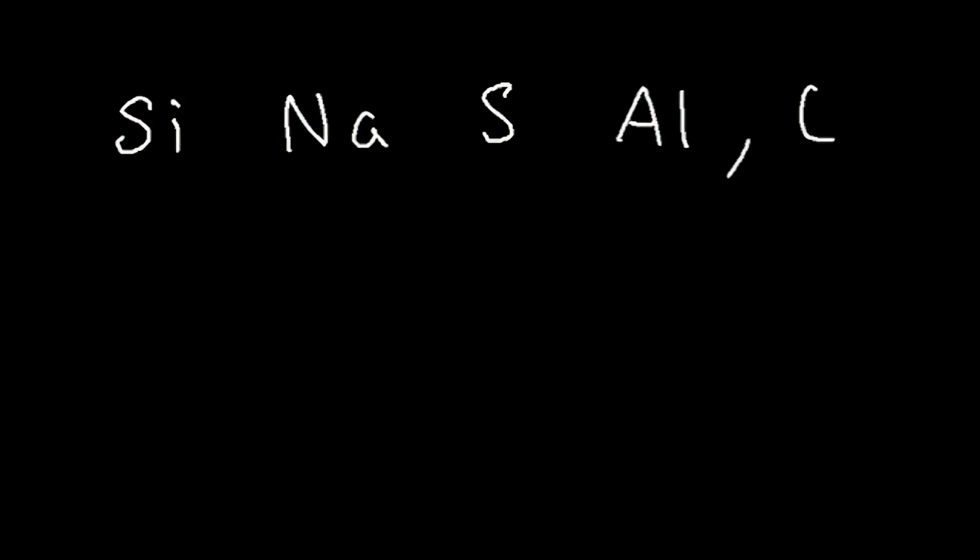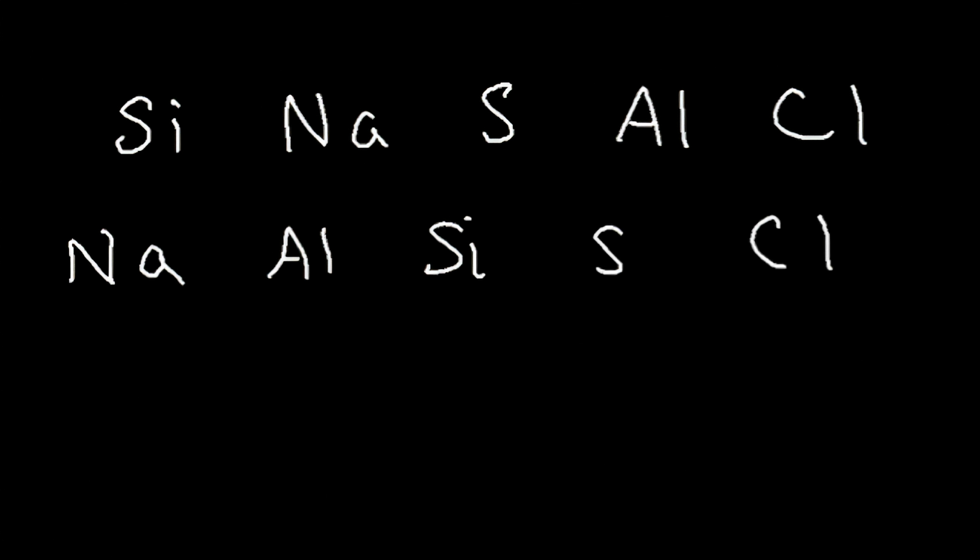So let's say we have elements such as silicon, sodium, sulfur, aluminum, and chlorine. Rank the following elements in order of increasing metallic character.